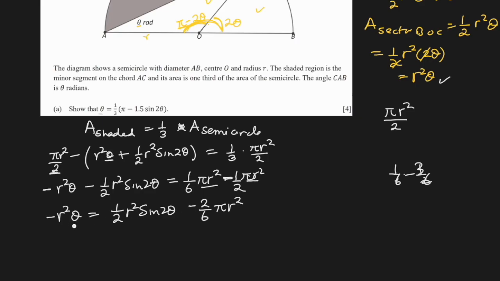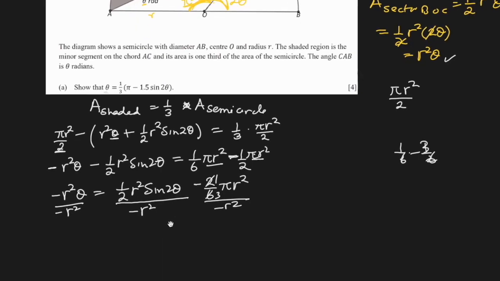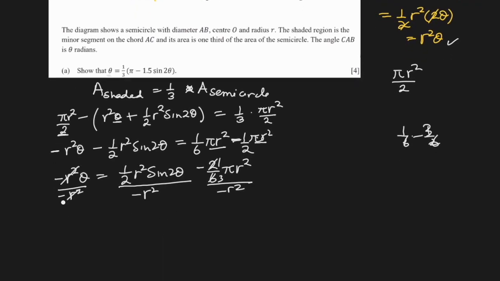Okay. So let's divide all three by minus r square, so that I'm left with theta, because they want theta on the left side. Divided by minus r square, divided by minus r square. This 2 and 6 will also cancel, 1 over 3. Okay, so r square and r square cancel.